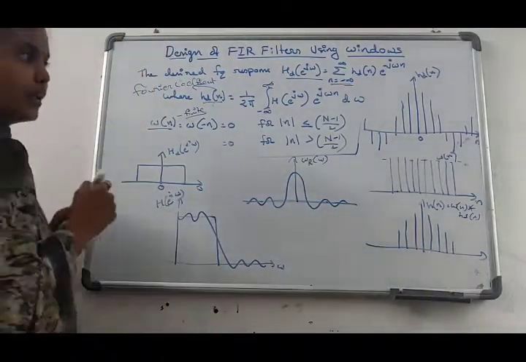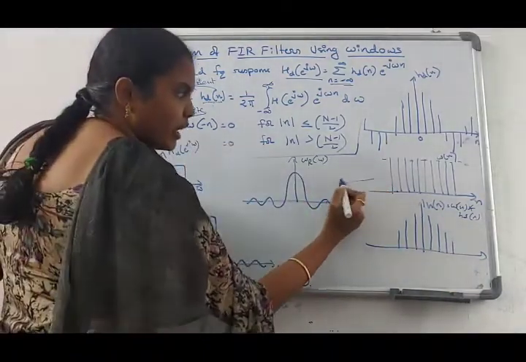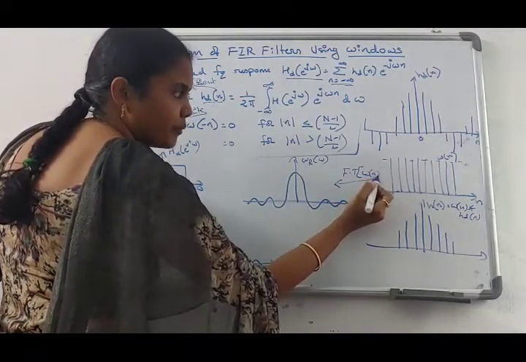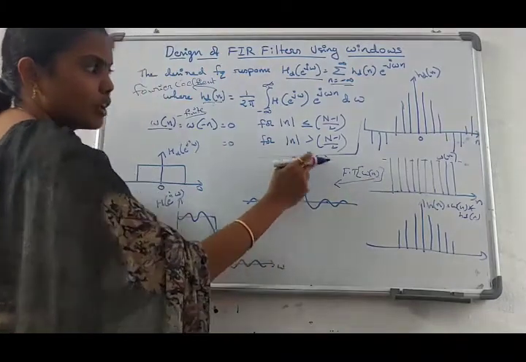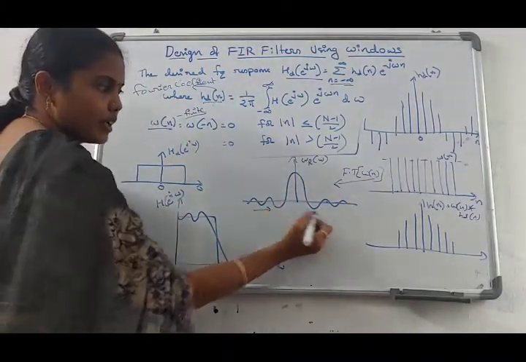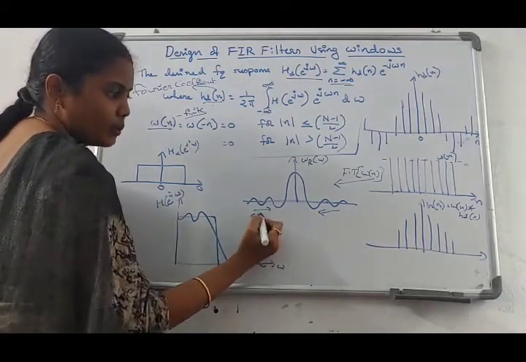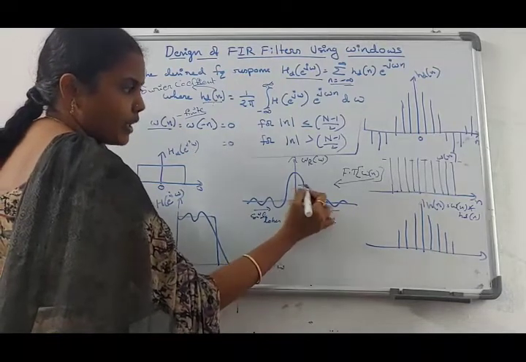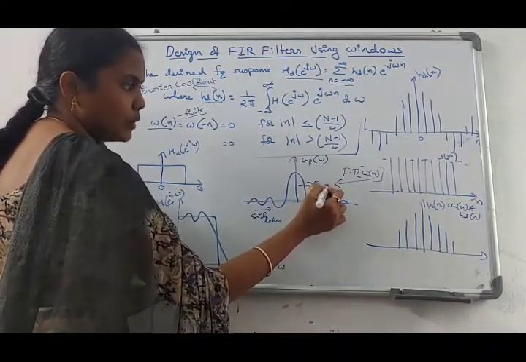This is w of n, and the Fourier transform of w of n is WR of omega. This is a sinc signal. These two are side lobes, and this is also a side lobe, and this is the main lobe.